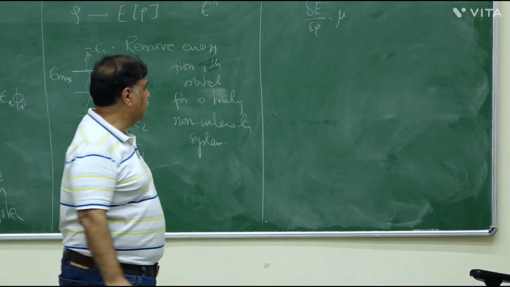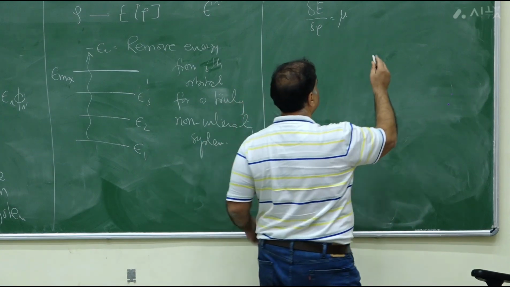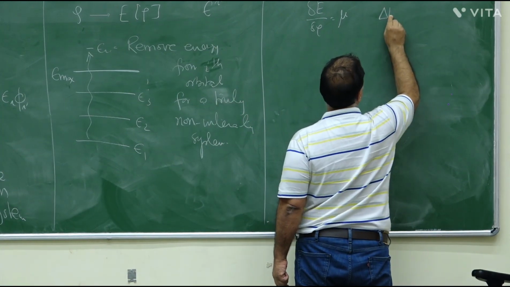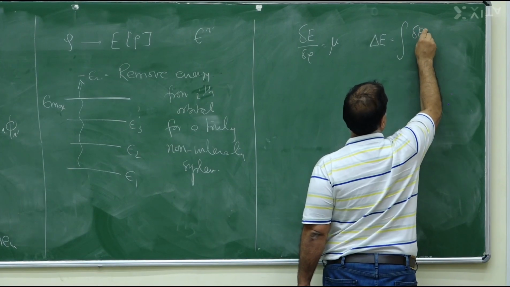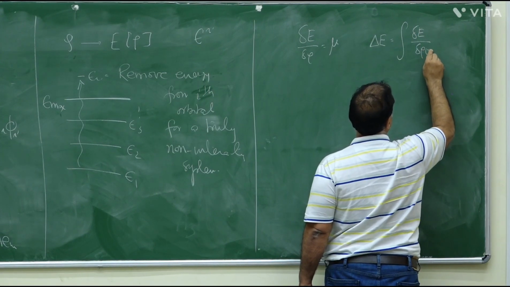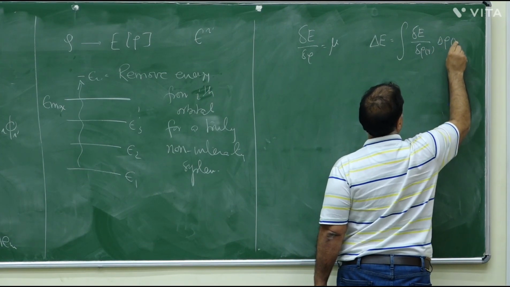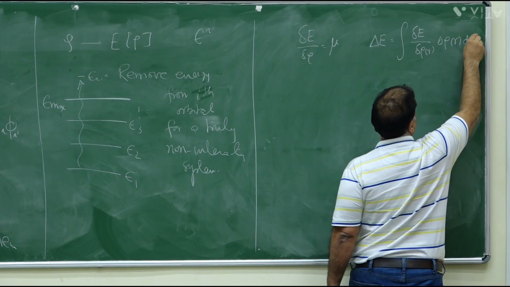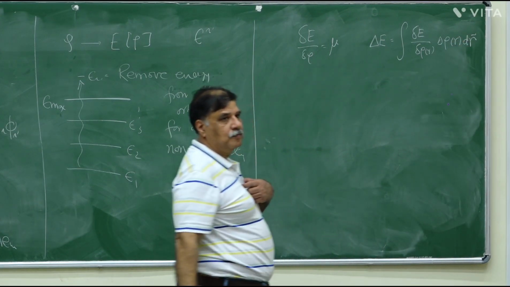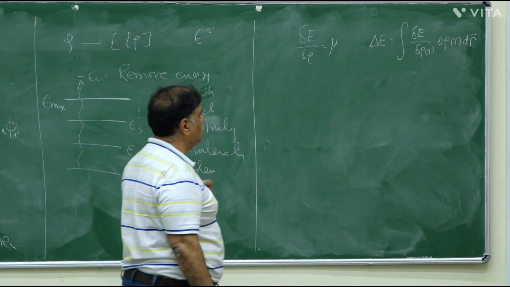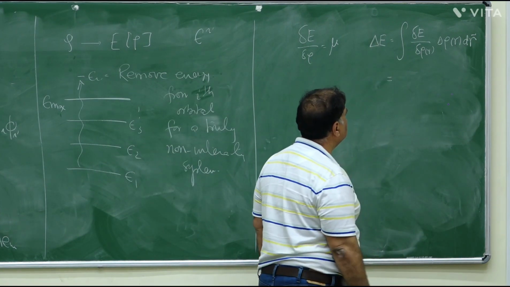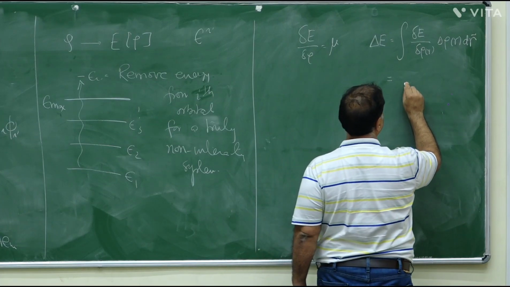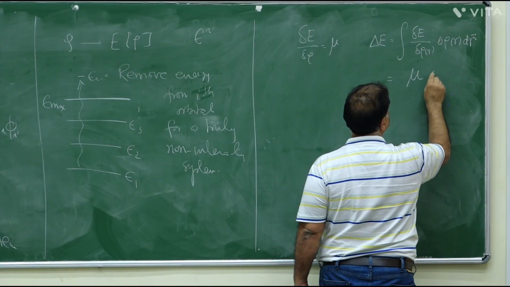Once I have calculated mu, if I change the density and calculate the change in the energy through this derivative, this would be equal to mu times delta n.